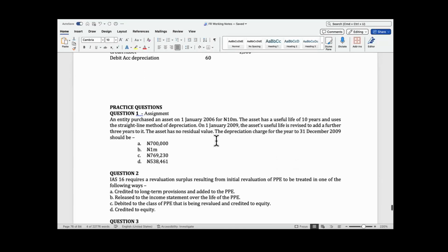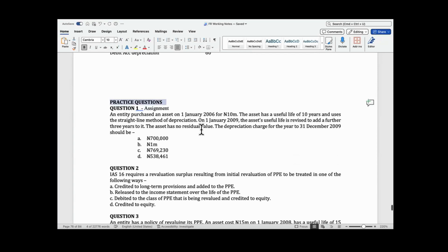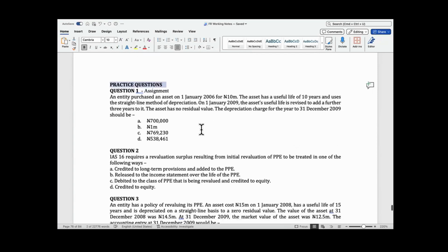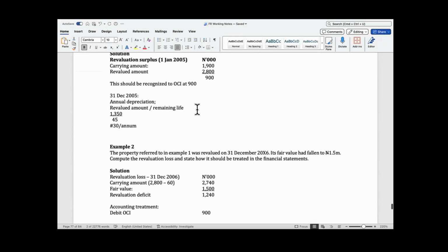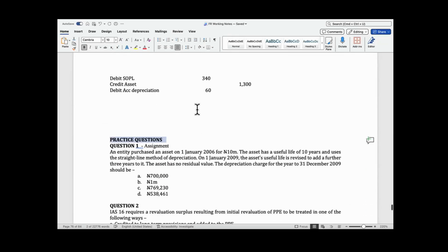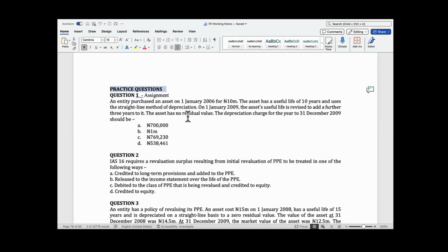And I gave you these practice questions as assignments, at least as far as I can remember. Not just a few people, two people submitted: Shidima and Fasheito. Though Shidima only submitted one, she did not attempt the other ones.